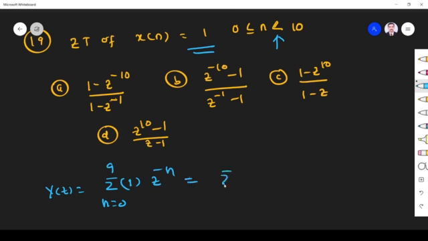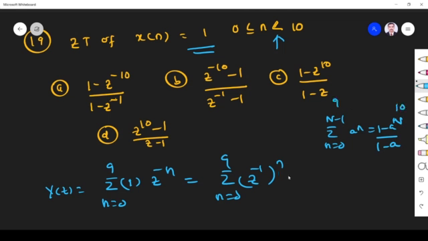So this I can write as n goes from 0 to 9 of z power minus n. So I know one formula, n goes from 0 to N minus 1 of a power n is 1 minus a power N divided by 1 minus a. Here N minus 1 is 9, so N is 10. So a is z power minus 1. So 1 minus z power minus 10 divided by 1 minus z power minus 1. So option A is the right answer.